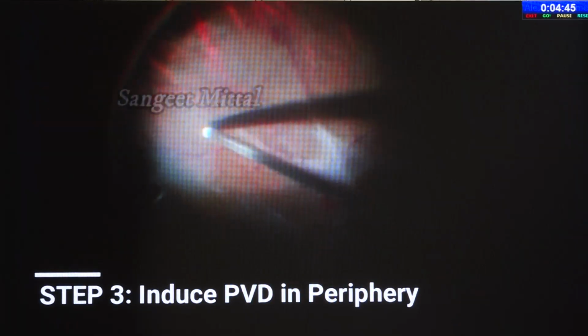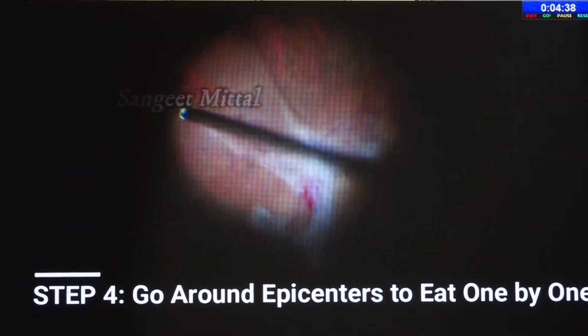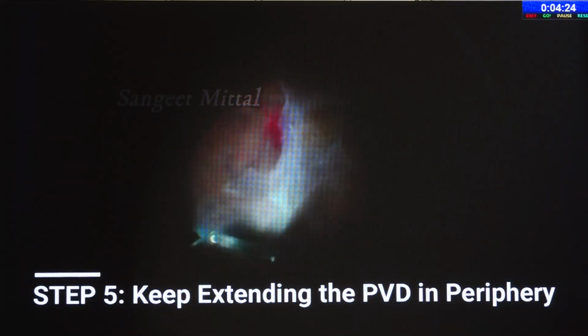And once I have reached the periphery, I start inducing the PVD from the periphery. And now I can go all around the epicenters to cut them all. So one by one, you can take all these epicenters one by one.